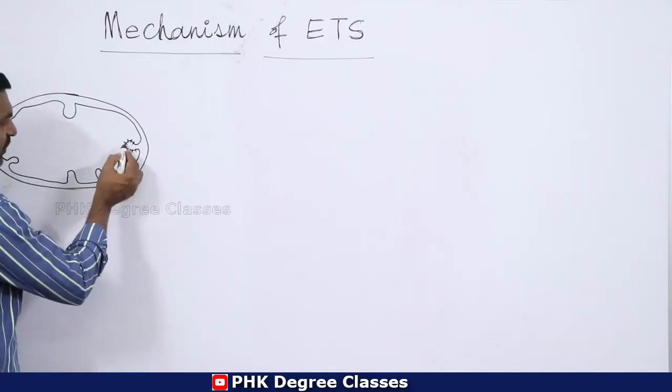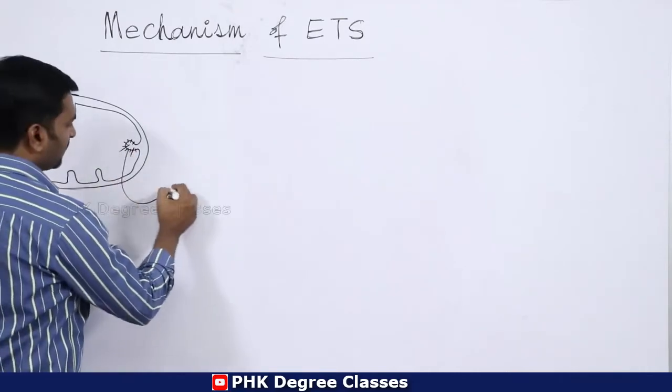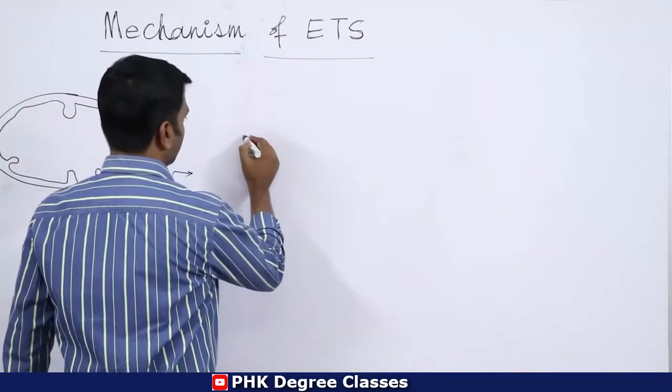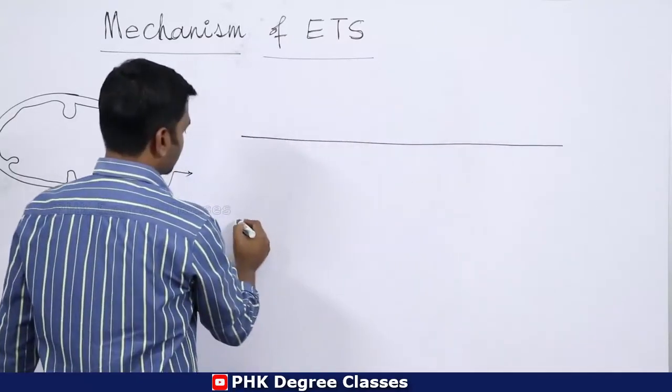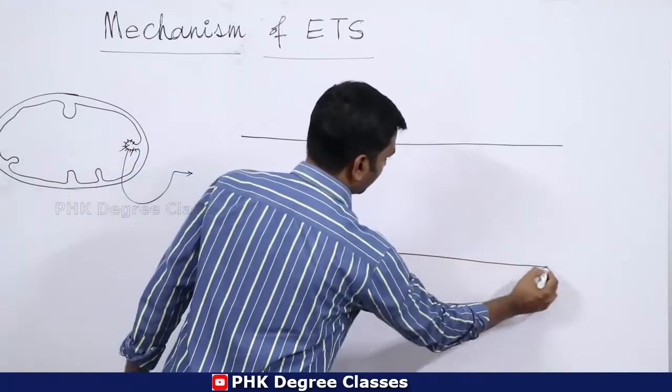Clear? I want to cut some part of the cristae of the inner membrane, so then the structure will be like this. This is the cristae membrane, or you can say the inner membrane of mitochondria.